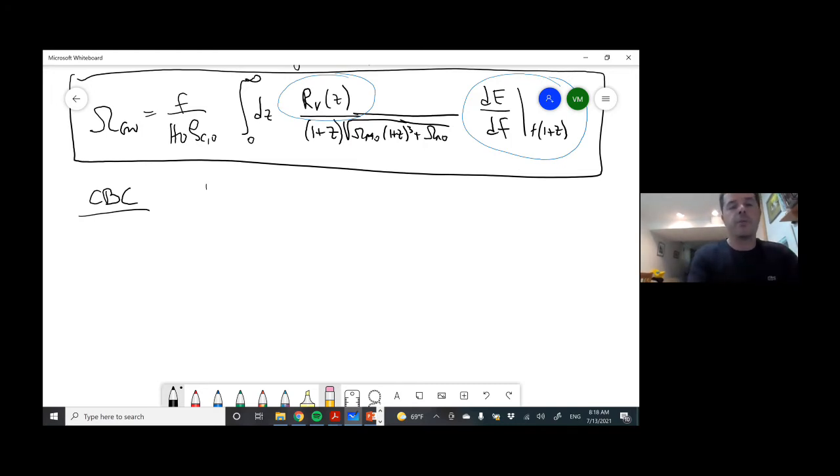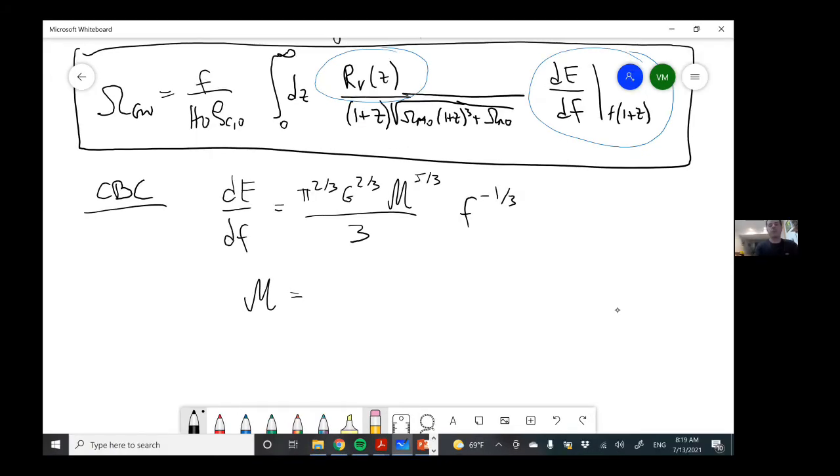And from general relativity, we can calculate what the dEdf is for such systems. I'll just give the expression here. We have π^(2/3) G^(2/3), the chirp mass, which I will define in a minute, to the power 5/3, all divided by 3, times the frequency to the power -1/3. The chirp mass itself is a very particular combination of the masses of the two objects in the binary.